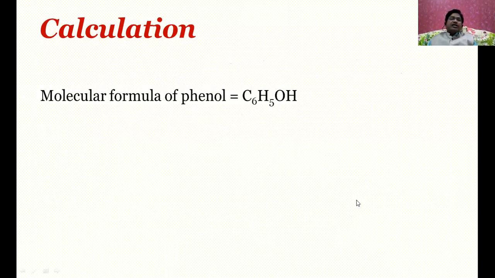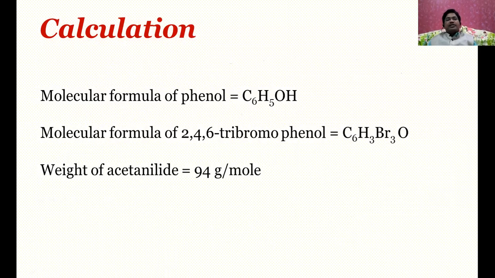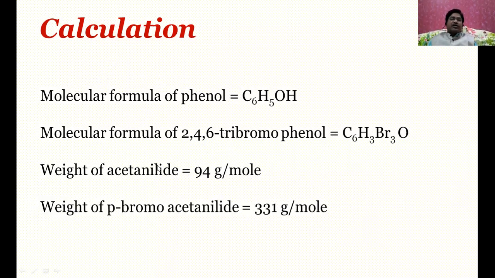Then how to calculate the yield? See, the molecular formula of phenol is C6H5OH. The molecular formula of 2,4,6 tribromophenol is C6H3Br3O.